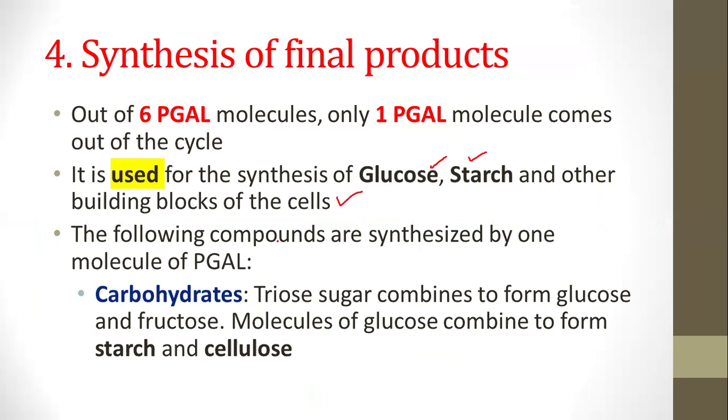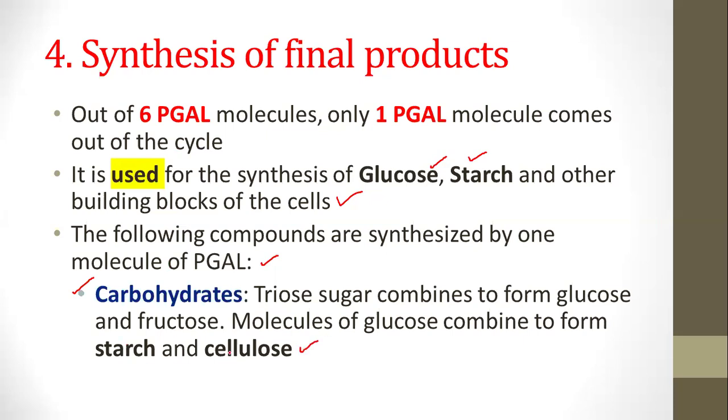In detail, the following compounds are synthesized by one molecule of the PGAL. Number 1 is the carbohydrates. In carbohydrates, the triose sugar combines to form glucose and fructose. The molecules of glucose combine to form starch and cellulose.